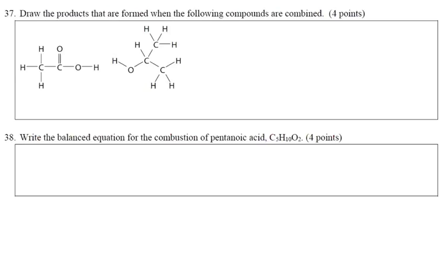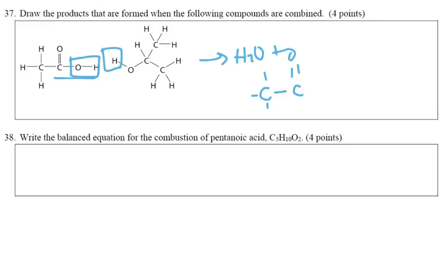For 37, draw the products that are formed when you put these 2 together. So here from our acid, the COOH, we're going to take the O and the H. From over here where it's the alcohol, the O and the H, we're going to take that H. So we're asking for the products, so we're going to form water. And then the other parts are going to go together, so we'll just try this. So we're going to put a carbon with 3 hydrogens, then another carbon, double bonded O, so I'm doing this stuff.